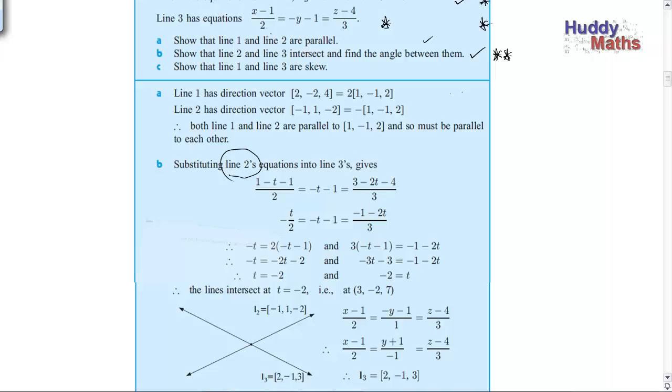So where's line 3? We'll take this and say if it intersects with line 2, you can replace x by 1 take t, and y also by 1 take t, and that's been done there, it's not so obvious.